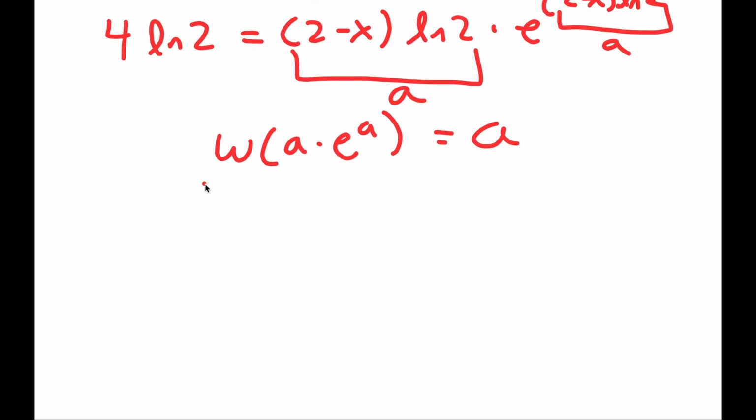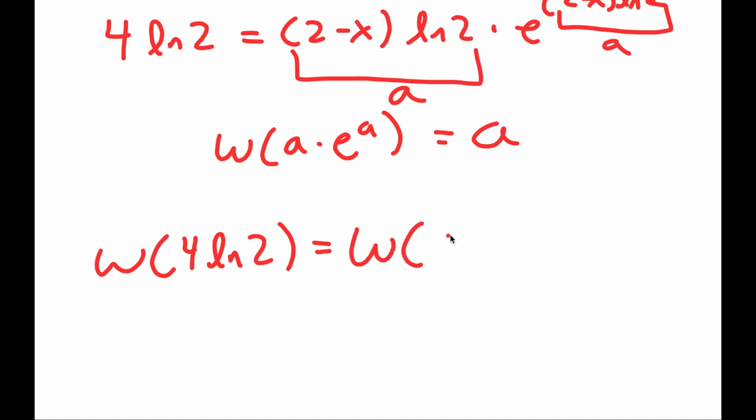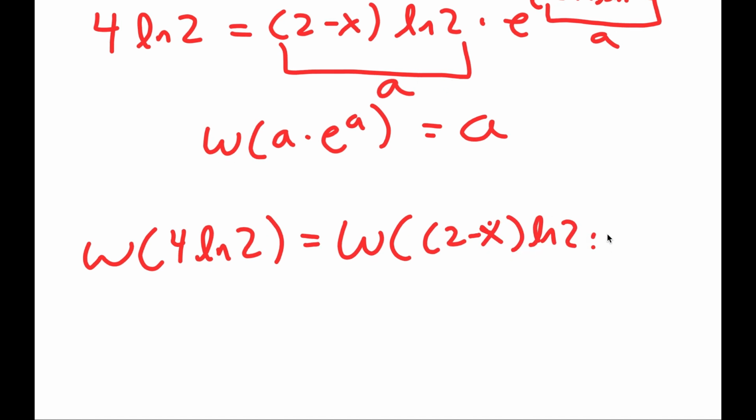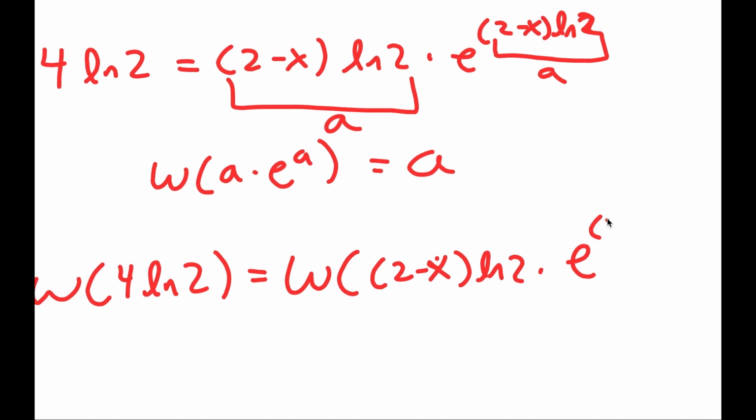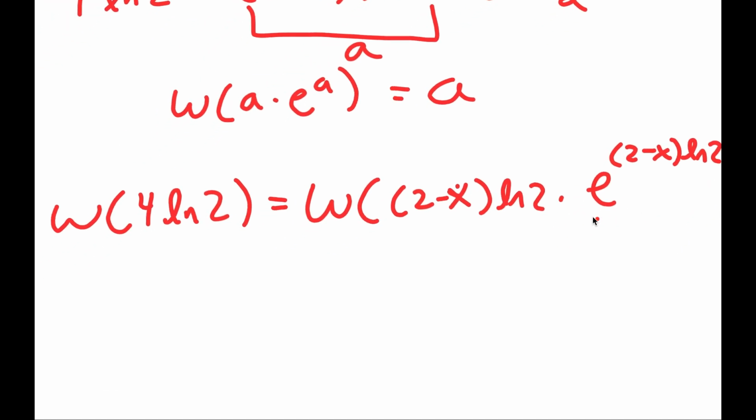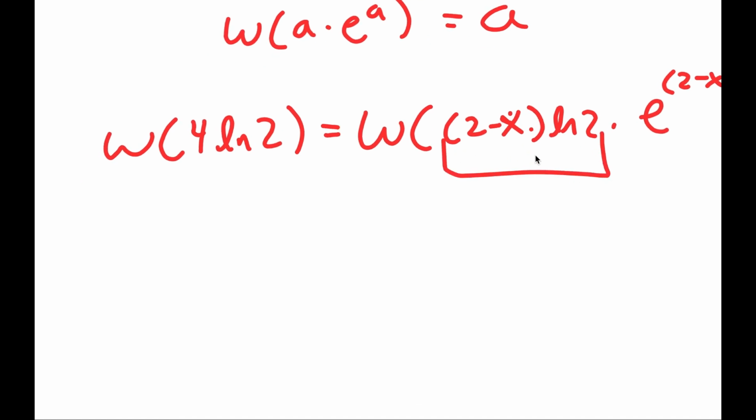So now I'm going to take the W on both sides. So I have the W of 4 times ln 2 is equal to W of 2 minus x times ln 2 times e to the power of 2 minus x times ln 2. And this just turns into a.